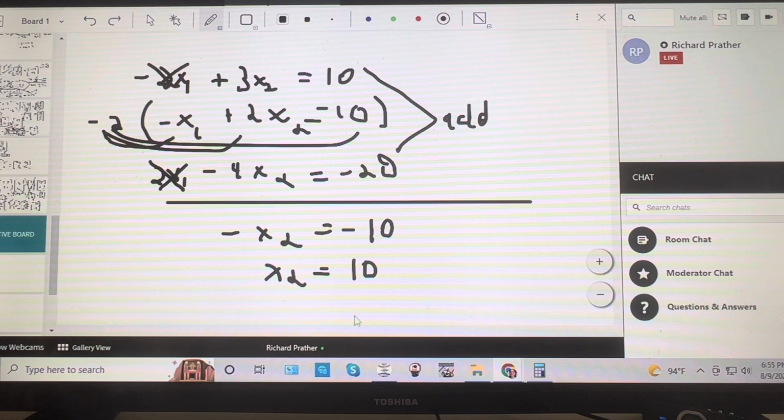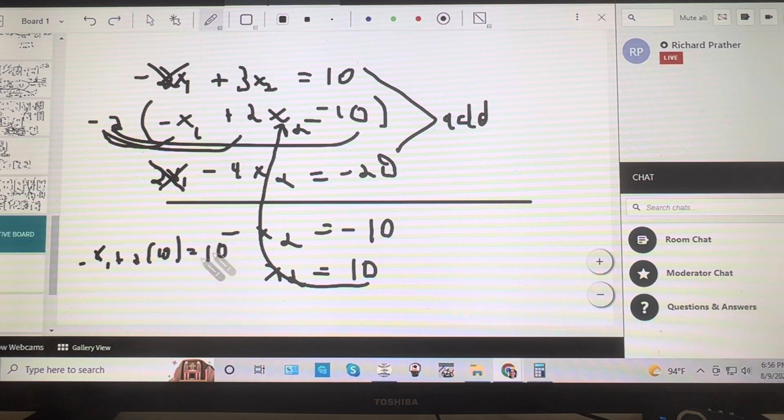And then I would plug that into, I guess this middle equation would be best because they both have 10s. 2's a little smaller than 3, and negative 1's a little smaller than negative 2, and there is an equation with all positives. So negative x1 plus 2 times 10 equals 10. Negative x1 plus 20.